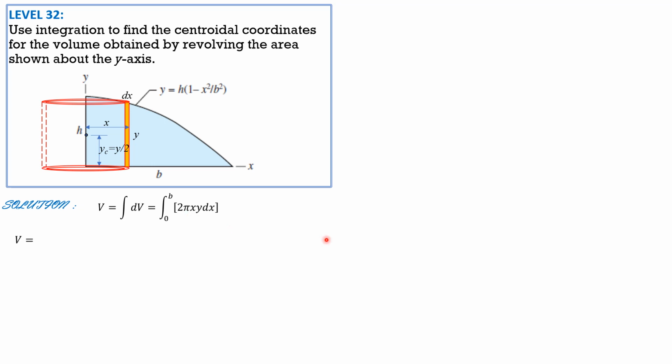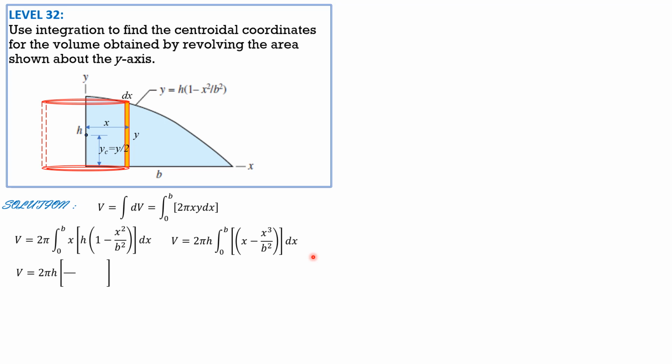Substitute the value of y. So volume equals 2 pi integral of x. y is h quantity 1 minus x squared over b squared dx. So volume equals 2 pi h, then integral of x minus x cubed over b squared dx. Integrating, 2 pi h quantity x squared over 2 minus x to the fourth over 4b squared from 0 to b.